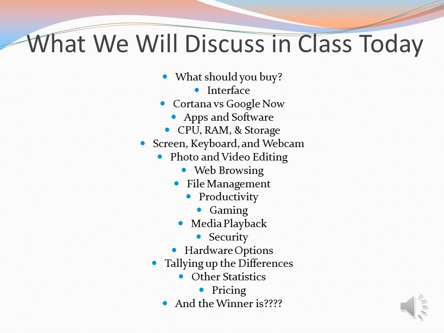We also are going to talk about some apps and software, the CPU, RAM, and storage of both of those types of devices, the screen, keyboard, and webcam, also any photo and video editing that is available for those devices, web browsing and how they differ, file management, some productivity, gaming, media playback, some security features that you might want to know about when it comes to those devices, hardware options, tallying up the difference, other types of statistics. We're going to go over pricing, and we're going to do that together. And then, of course, the winner is. So these are some of the topics that we're going to be discussing as class goes on today.